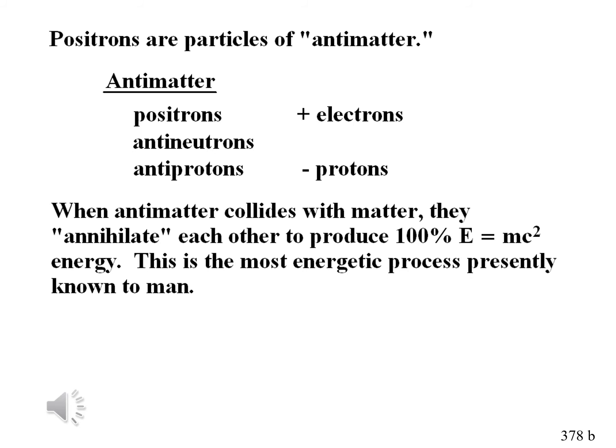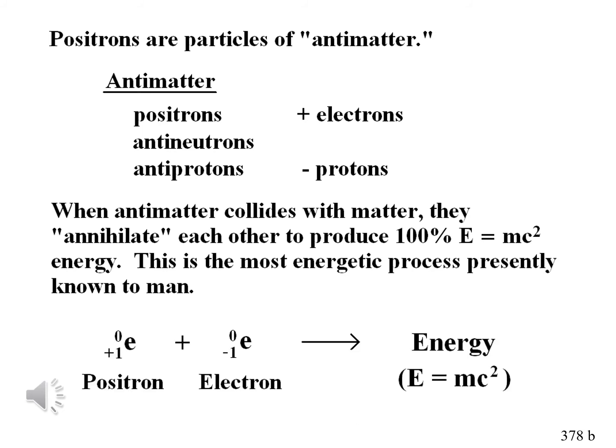When we look at fission and fusion, you convert some of the mass to energy, but not all of it. In this one, you convert all the mass to energy. So that means if you give off a positron, it is going to run into an electron immediately in the same atom. It's not even going to get out of the atom. And they convert each other completely into energy.